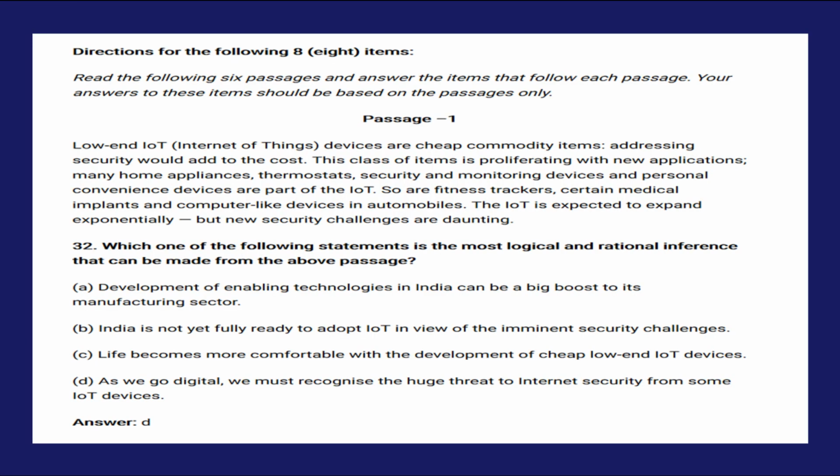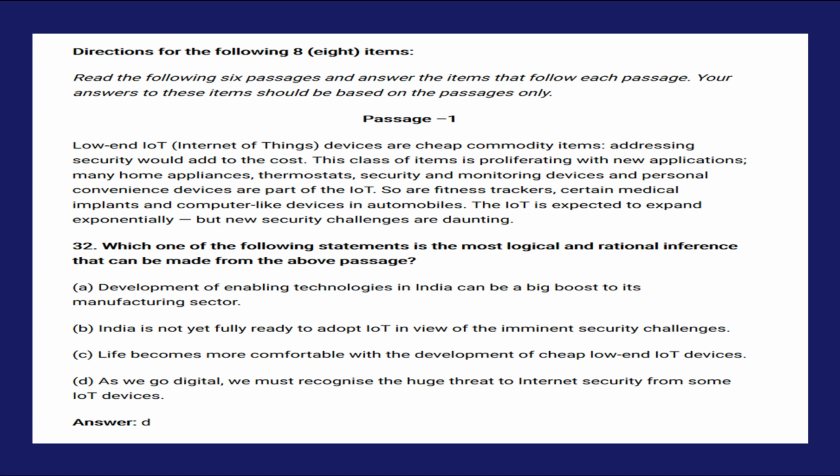Next, the directions for the following 8 items. Read the following 6 passages and answer the items that follow each passage. Your answers to these items should be based on the passage only. Passage 1. Low-end IoT (Internet of Things) devices are cheap commodity items. Addressing security would add to the cost. This class of items is proliferating with new applications.